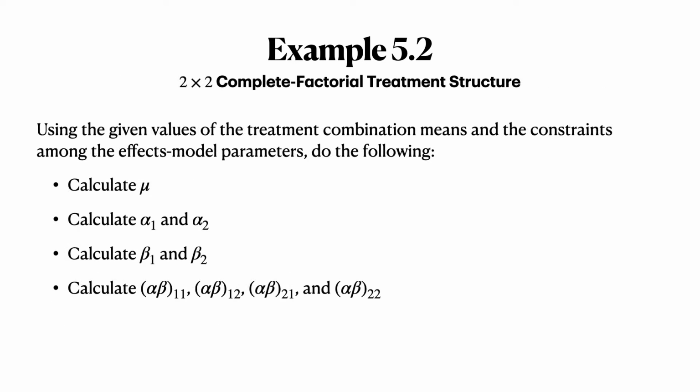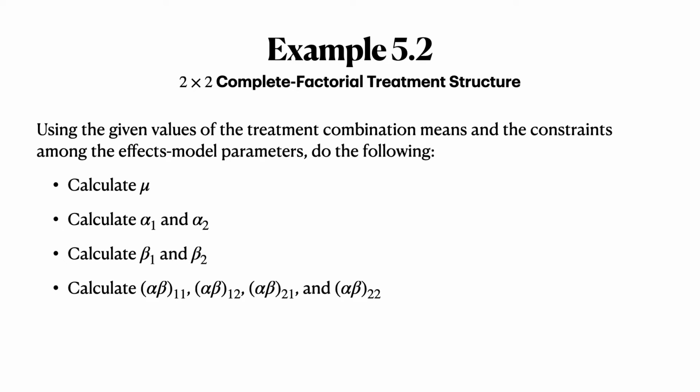Now, in the previous example, example 5.1, we were given the values of the alphas, the betas, and the alpha beta ij's, but in this example, we're not. We're given only the treatment combination means. What I want you to do as an exercise is to use the given values of the treatment combination means along with the constraints among the various effects model parameters and do the following.